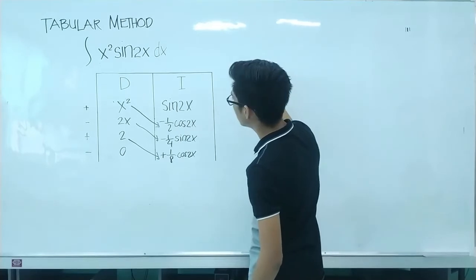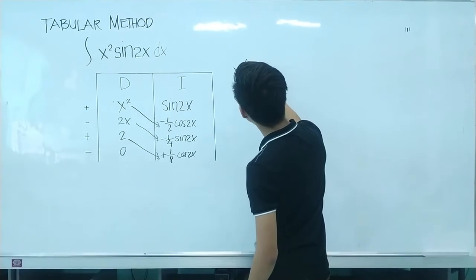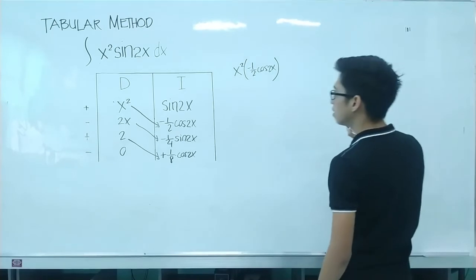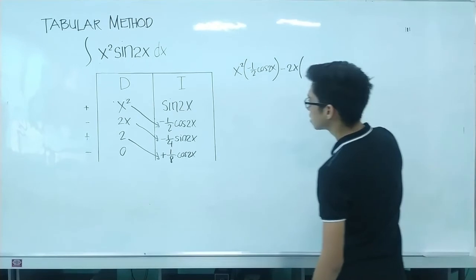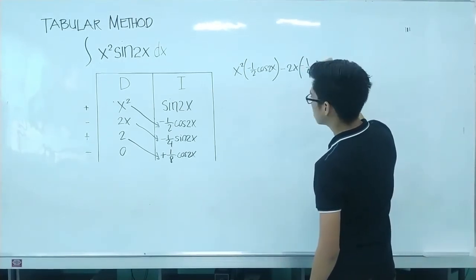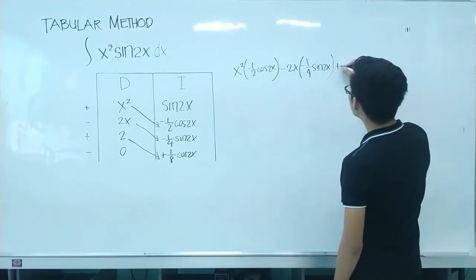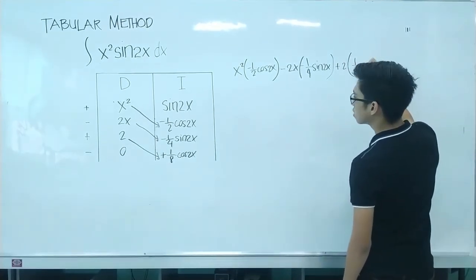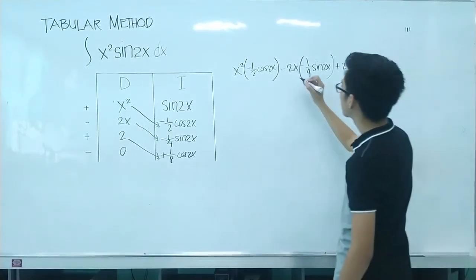We come up with the answer of x squared times negative 1/2 cosine 2x minus 2x times negative 1/4 sine 2x plus 2 times 1/8 cosine 2x. And then simplify.